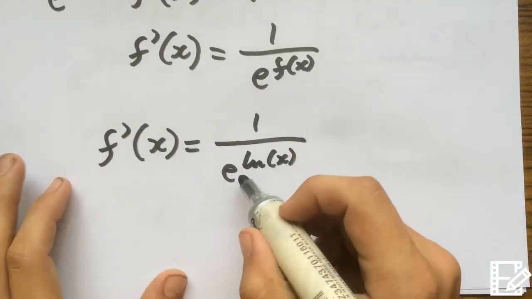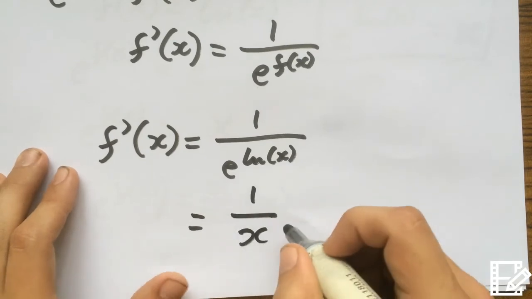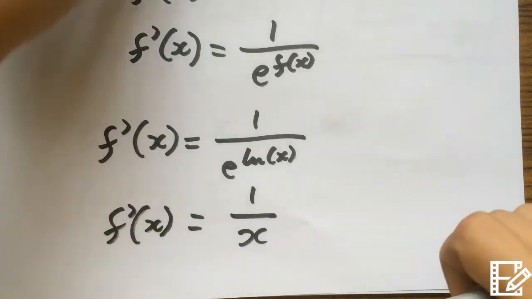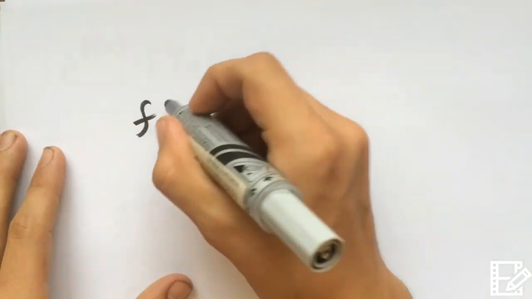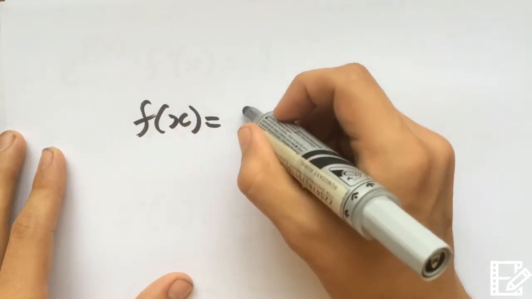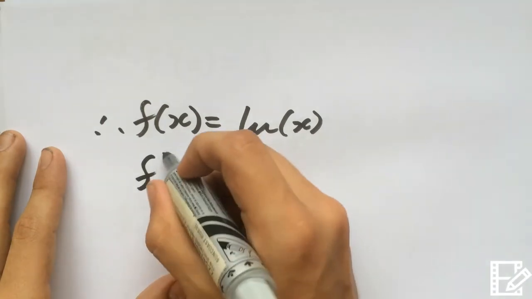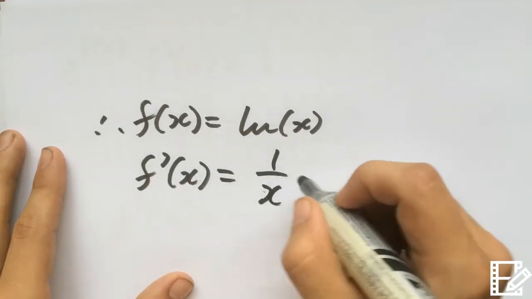So therefore, e to the power of ln of x is x, and the expression is 1 over x. Therefore, if a function is ln of x, the derivative is 1 over x.